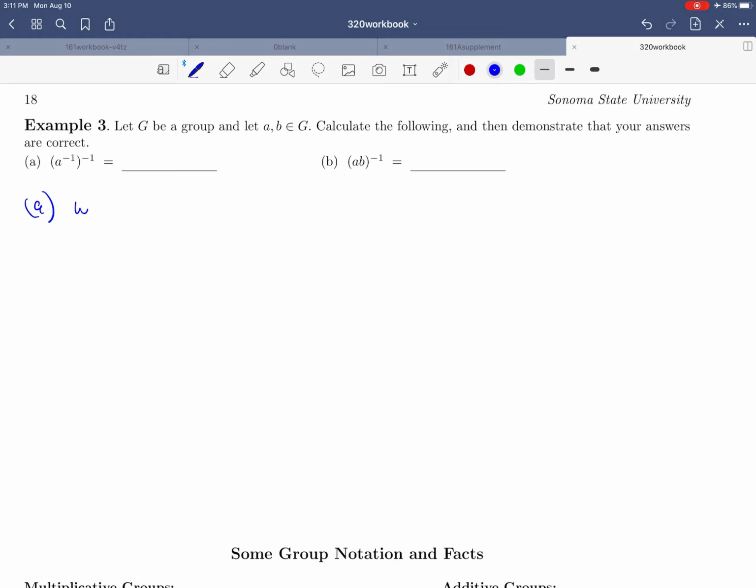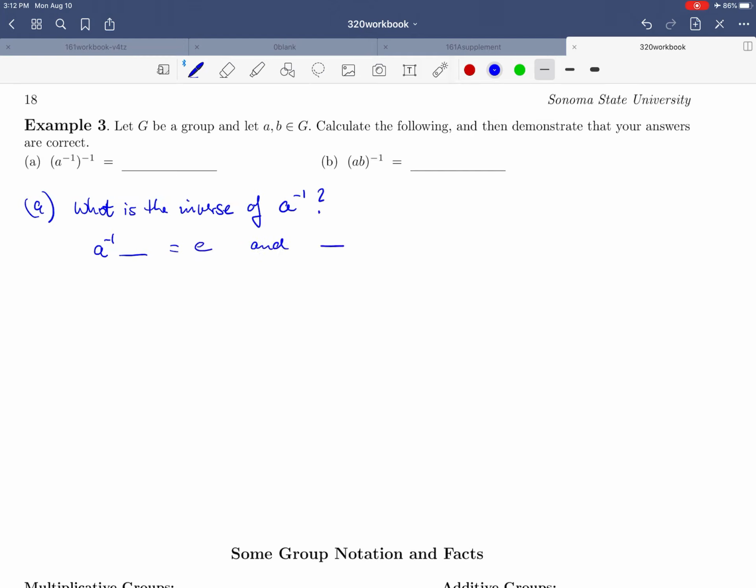So they're asking us, what is the inverse of A inverse? That is the question. Well, what's an inverse? An inverse is an element that if you multiply by it from one side, you get the identity.